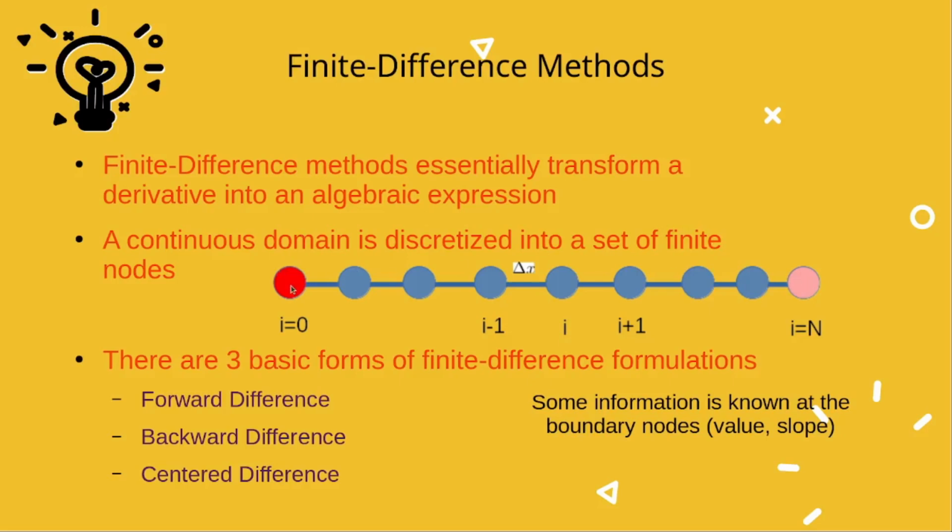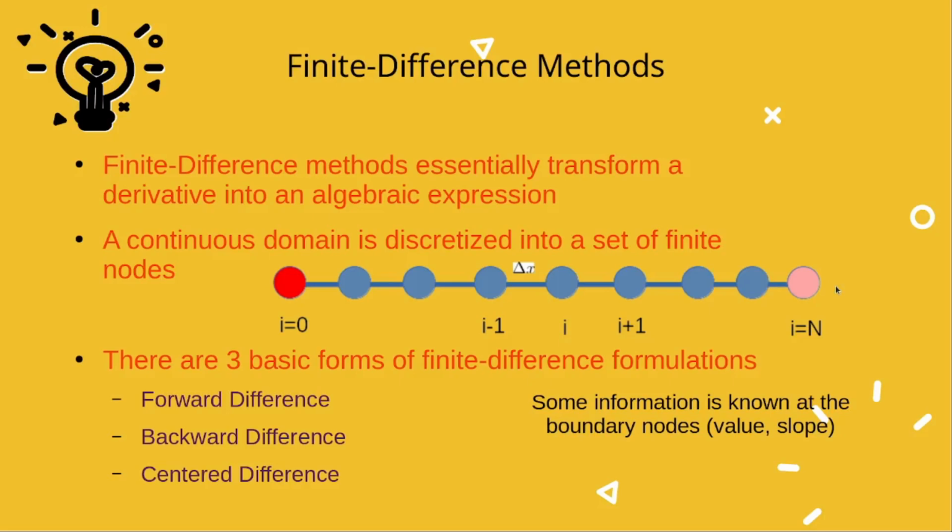We can specify a value of our state variable y here and specify the slope there, or we can specify the slope here and the value there, or we can use a combination of both in terms of fluxes and specify them at both locations. So there are multiple different options in which we can specify those boundary conditions.